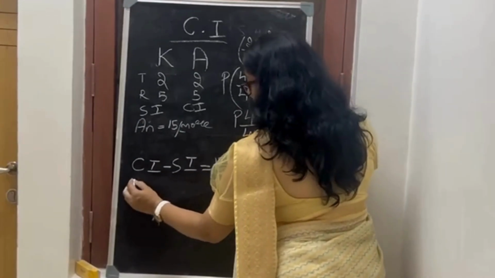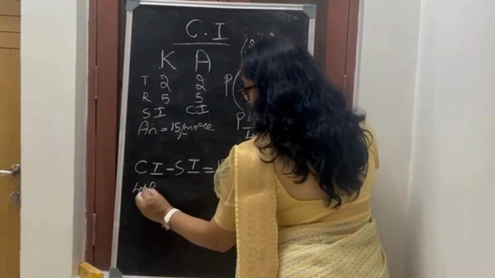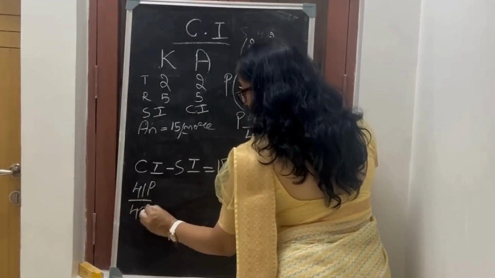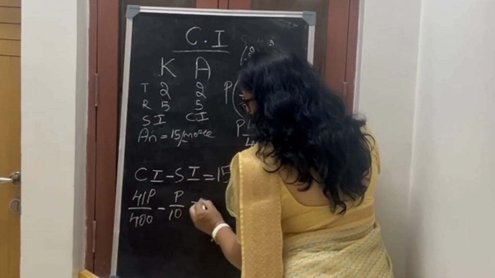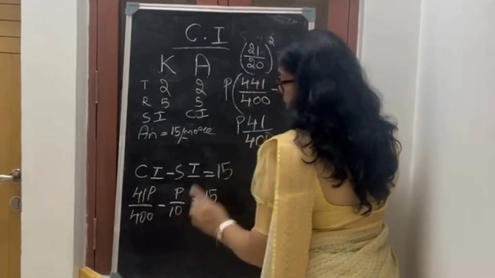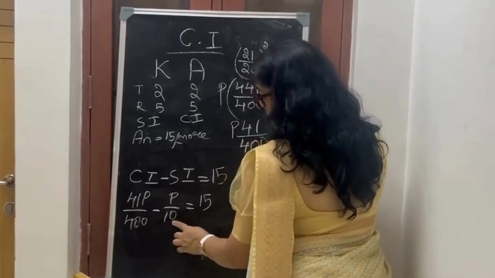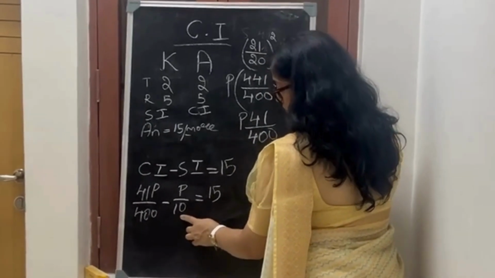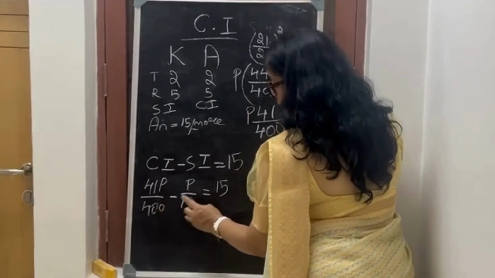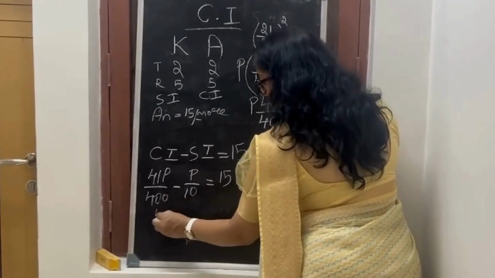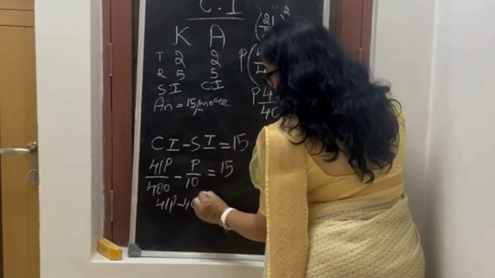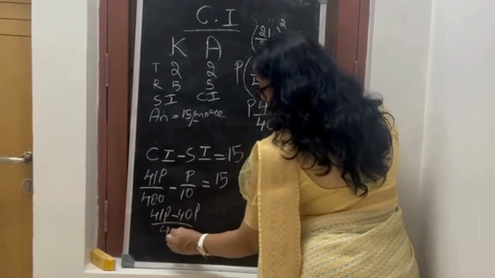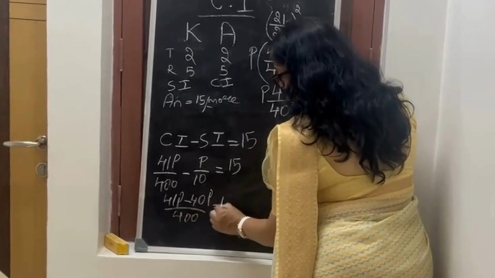So I can say 41P by 400 minus P by 10 equals 15. Now when I solve this, I will get the answer. When I take the LCM of this, my LCM will be 400. So 400 by 10 will be 40, so 41P minus 40P by 400 equals 15.